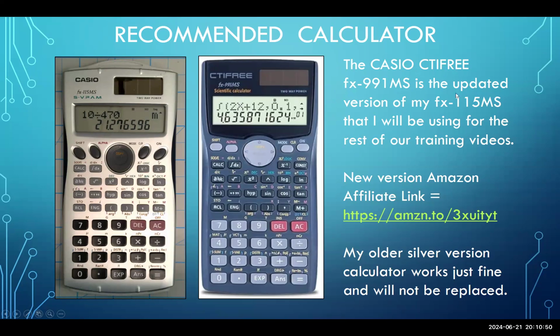It is the updated version of the calculator I have on the left. I've used the one on the left for many years. It's FX115MS. And a number of the slides in the videos that I'll be showing you may show you some screenshots of my calculator, but most important thing is they work the same, okay?